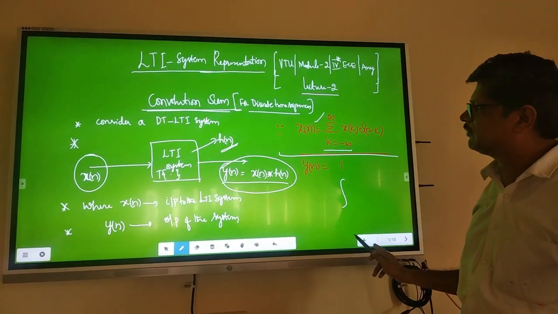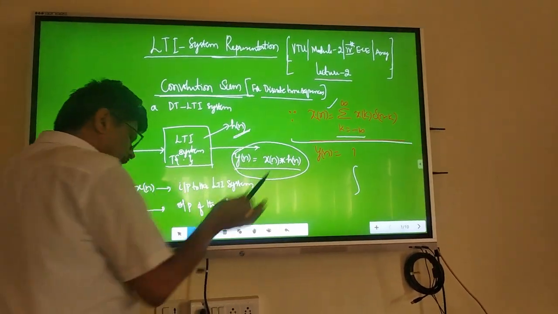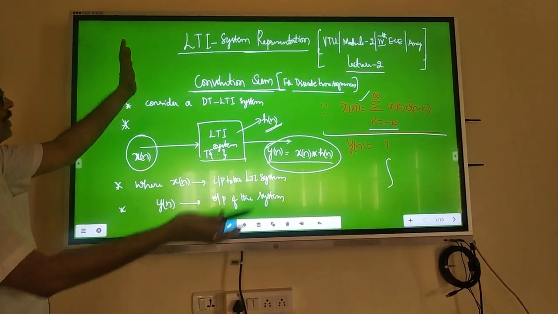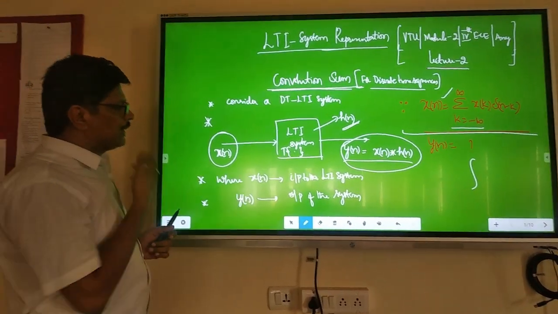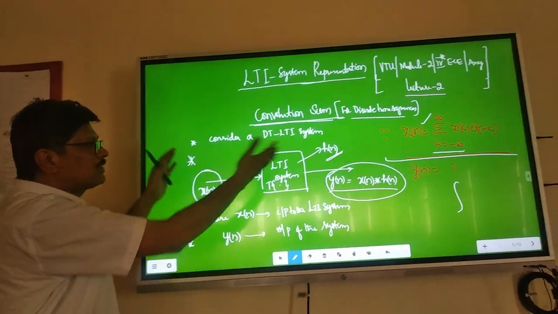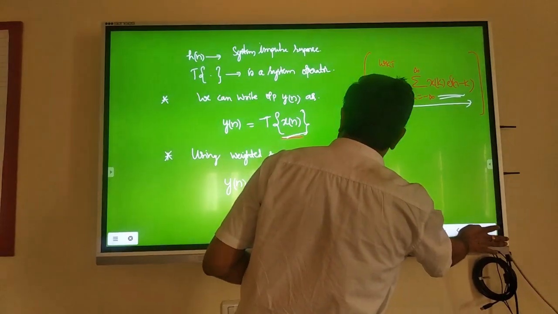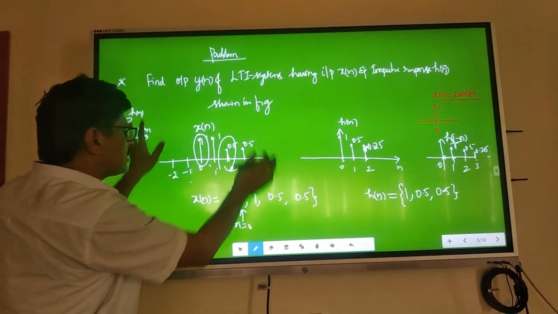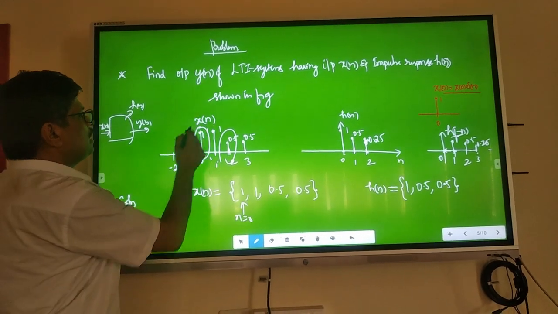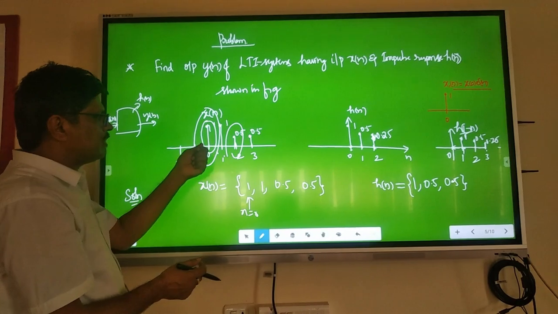Now what's the benefit of this? Here we can study the signals. Both in LTI systems, input and output are represented in the time domain only, in terms of shifted impulses. In your example, each individual sample is being studied in terms of shifted impulses.